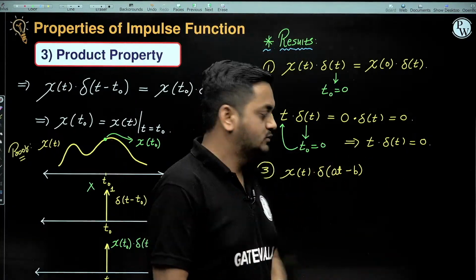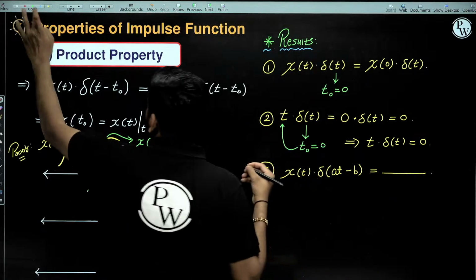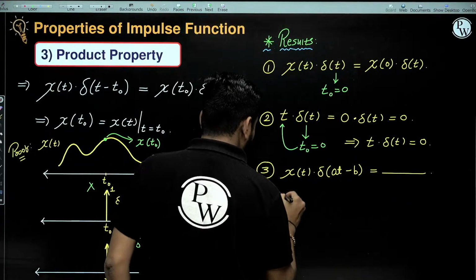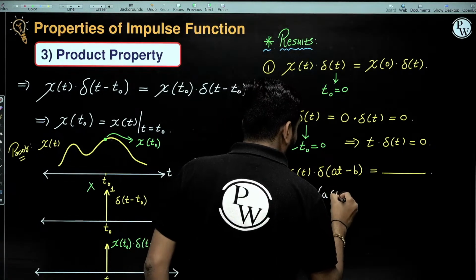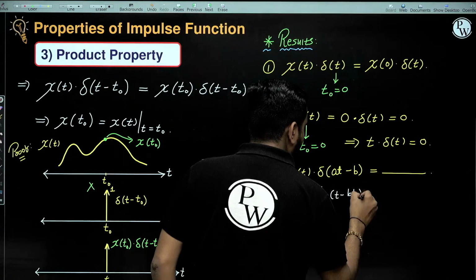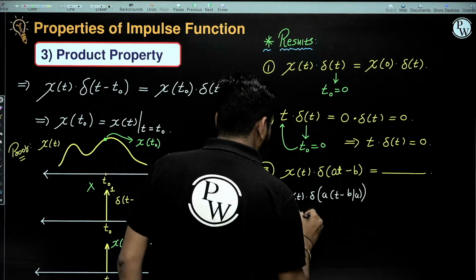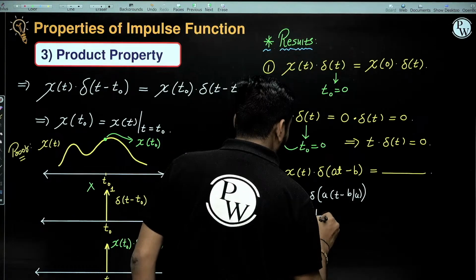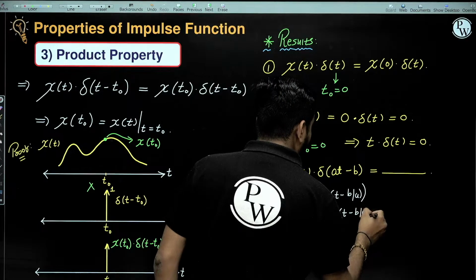So what is the answer? Here x of t into delta, scaling factor a taken common, so t minus b by a, which is equal to x of t into 1 upon mod a, delta t minus b by a.